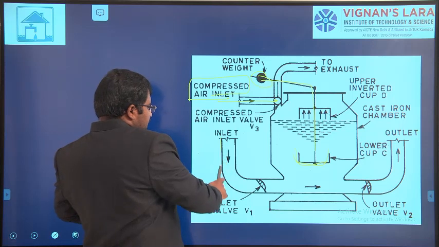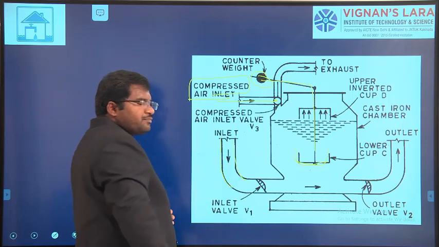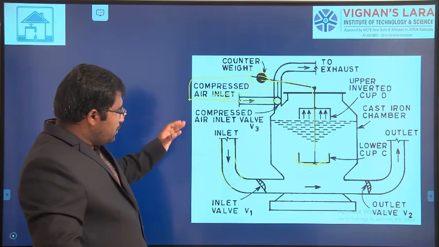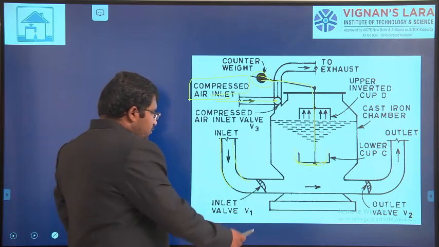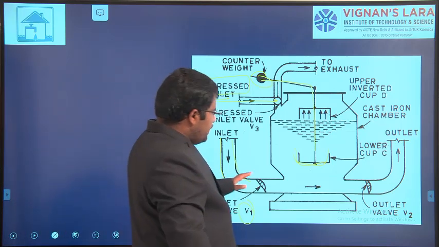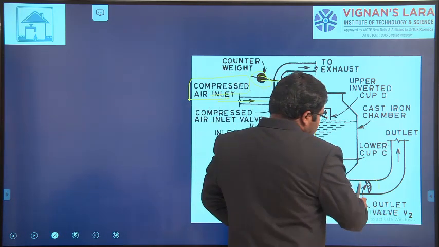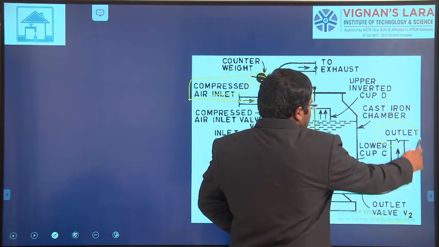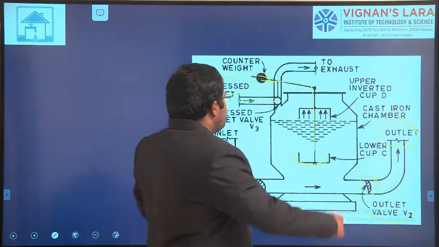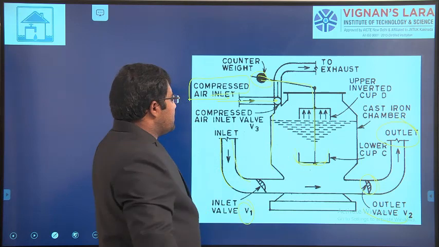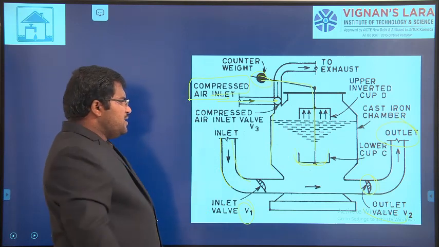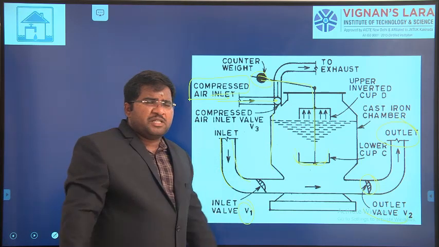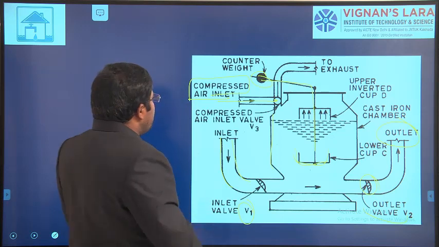This is the inlet to the pump, the inlet valve V1, and this is the outlet valve V2 and the outlet. This is constructed with cast iron. It is similar to a reciprocating pump.